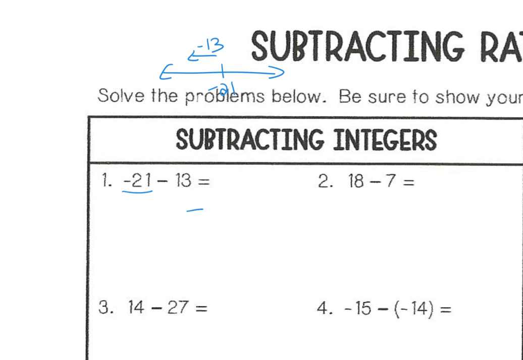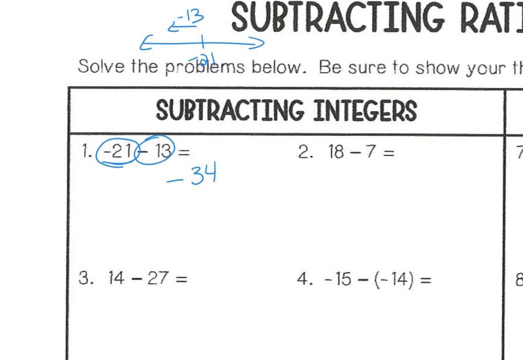So I'm going to still be negative, and that's going to be 34. Or you have negative 21 and negative 13, you put them together, you get negative 34. There's a couple different ways to look at it.